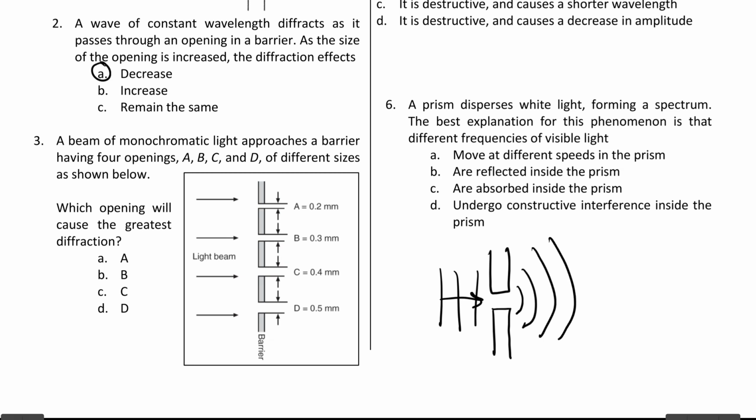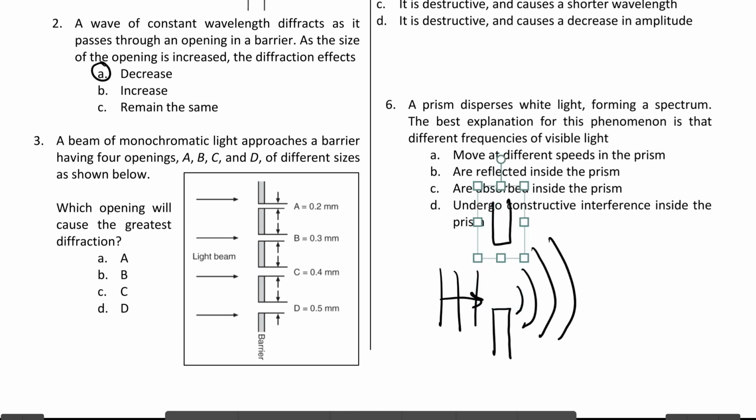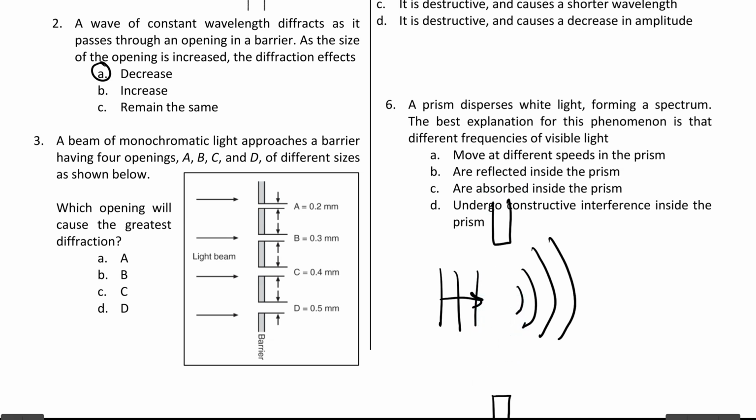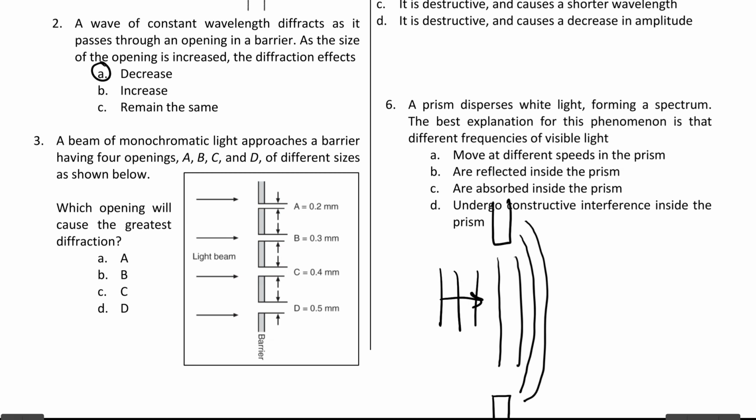Well, if I make this wider, let's see if I can move this. There we go. Let's keep on making it wider and wider and wider. What if it's so wide? Is it going to really diffract as much, or is it pretty much going to look the same? It's going to look the same as it goes through, and maybe at the ends it'll diffract a little bit, but it'll be mostly straight.